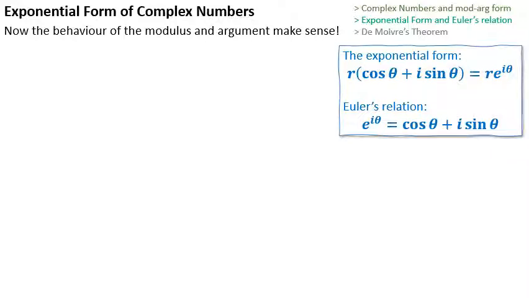Not only that, but now finally we can see why the behavior of the modulus and the argument makes sense. We can look at complex numbers as exponential objects, and when we multiply them or divide them, we can use the exponential laws. Now, a little word of warning, not all the exponential laws for complex numbers work exactly the way you feel like they should necessarily, but the laws for e to the a times e to the b equals e to the a plus b, for instance, and the equivalent one for division, they work just as you would expect.